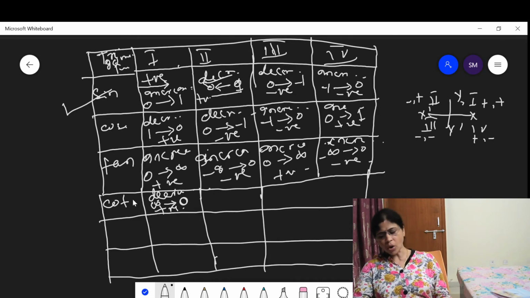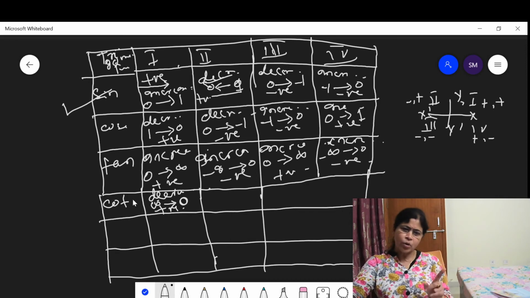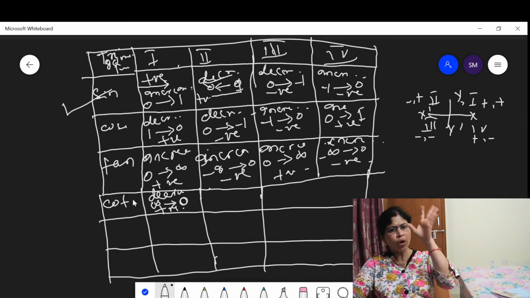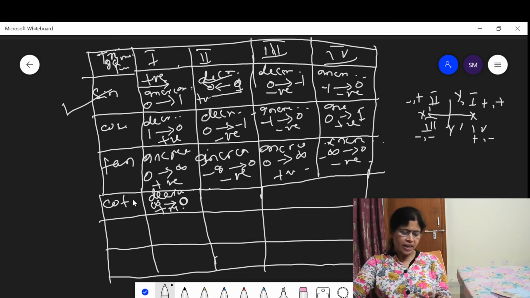The cot function is in decreasing mode from infinity to 0 but positive, because the values between infinity to 0 are positives. In the second quadrant, it is also in decreasing mode from 0 to minus infinity, which means negative value.